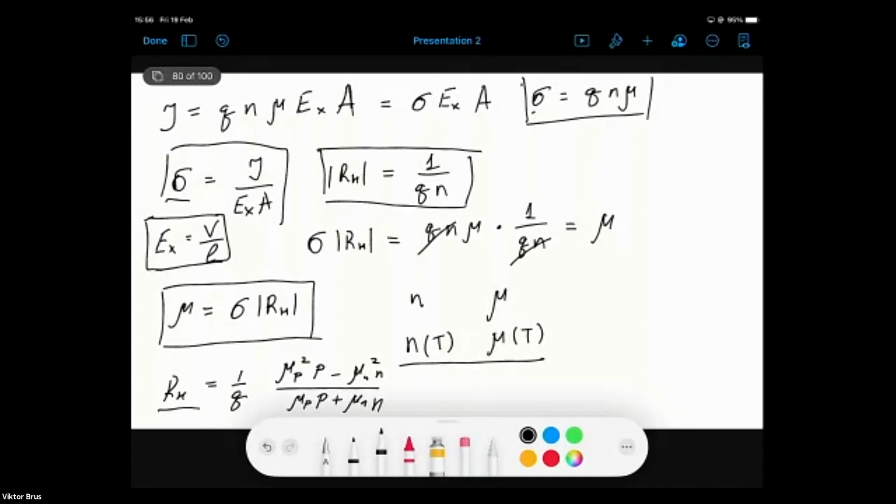However, this is valid only for the case of bipolar conductivity in intrinsic semiconductors. And very often we deal with either metals or doped n-type or p-type semiconductors when the majority charge carriers are electrons or holes. And in that case, we can proceed with the described analysis of Hall effect and in a quite easy way get accurate quantitative values for concentration of charge carriers and their mobility in the material of our investigation and of our interest.